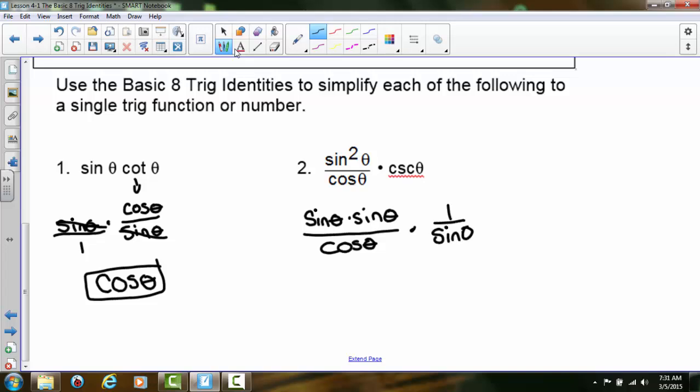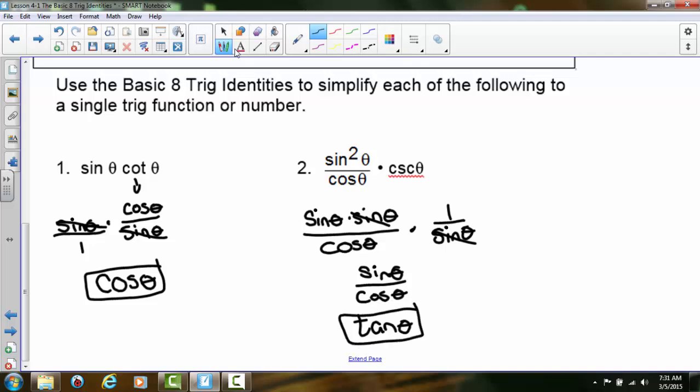So here we go. Since we're multiplying, again, I can divide out like factors, so that's 1. And so then I have simply sine theta over cosine theta. And I have the identity that says sine theta over cosine theta is tangent theta. So there's my 1.